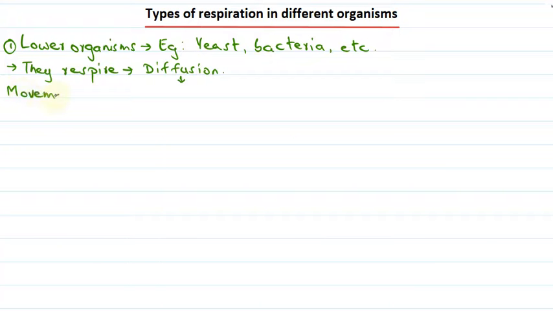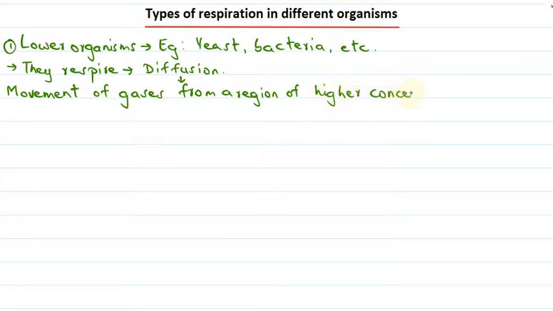Diffusion is actually movement. It is the movement of molecules, but in this case we are talking about respiration, hence we would say it is the movement of gases from a region of higher concentration to a region of lower concentration.